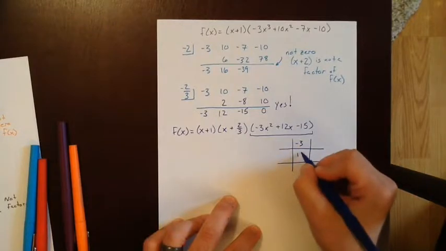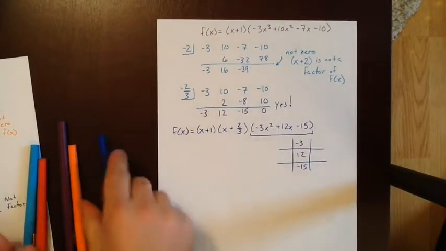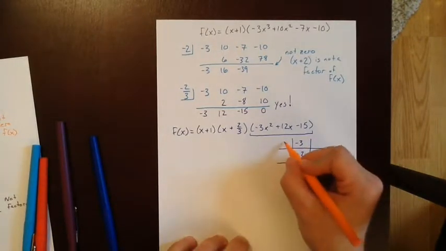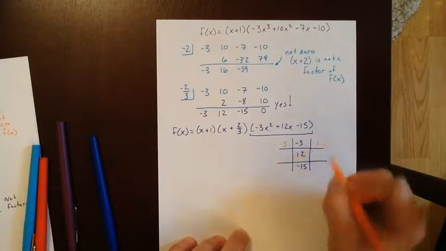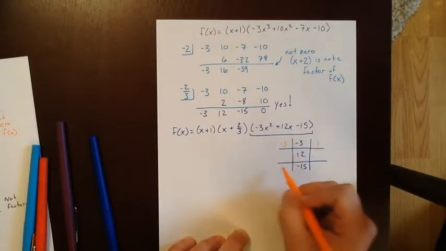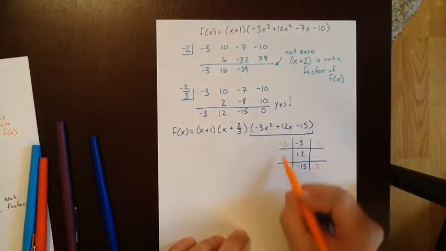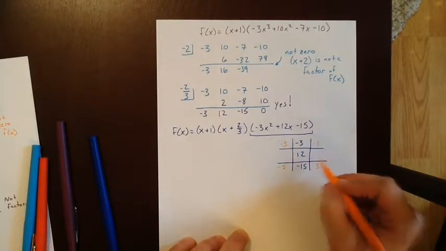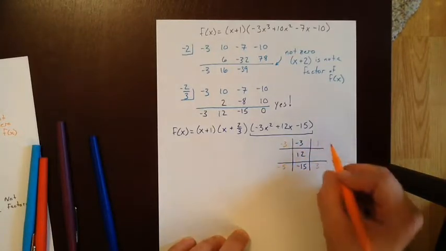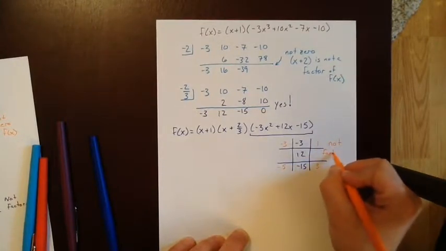So -3, +12, -15. Again, we're trying to factor this. Let's see, -3, +1, -5, 3. It doesn't work for us. And if you keep trying this yourself, you'll notice that this is not factorable.